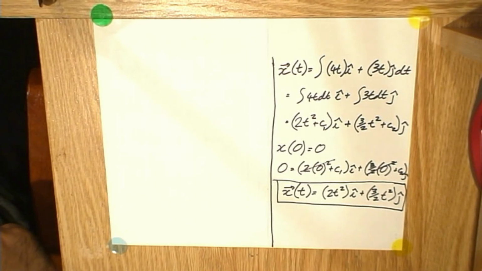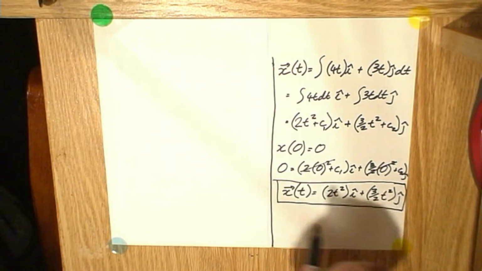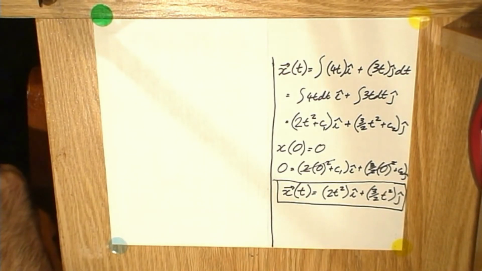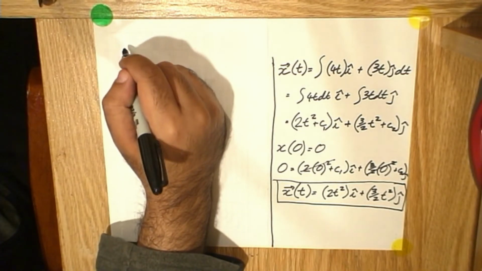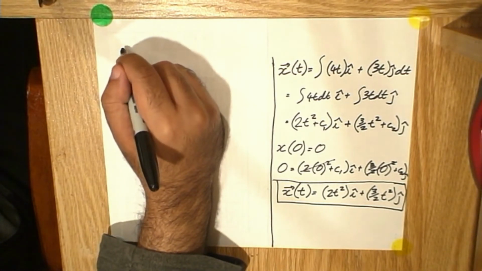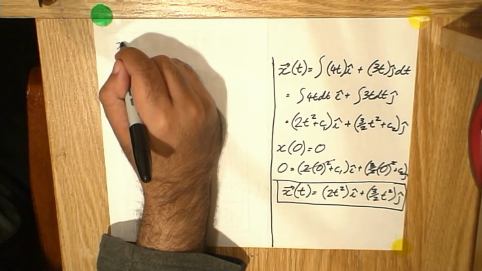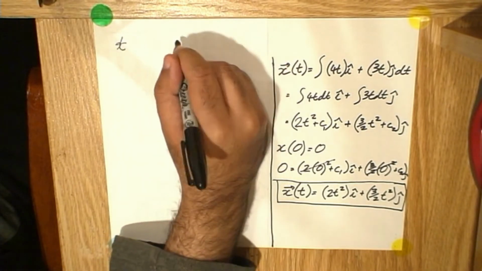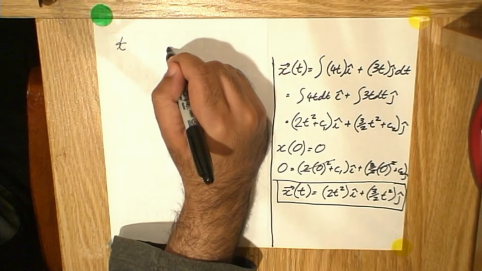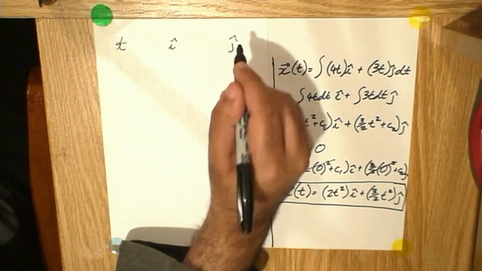The next part of this question asked to graph out what the position would look like over time. Now, this should be pretty straightforward to do. So let's go ahead and figure that out. At x equals 0, you could make a table over here. Let's say this is the time, this is the i hat position, this is the j hat position.